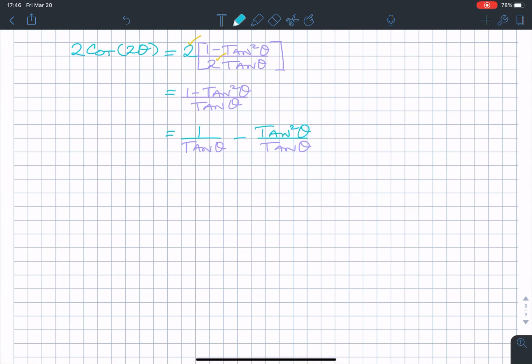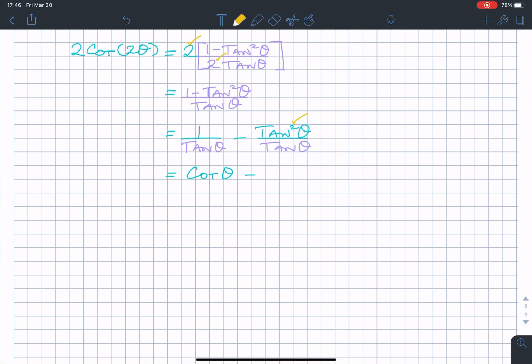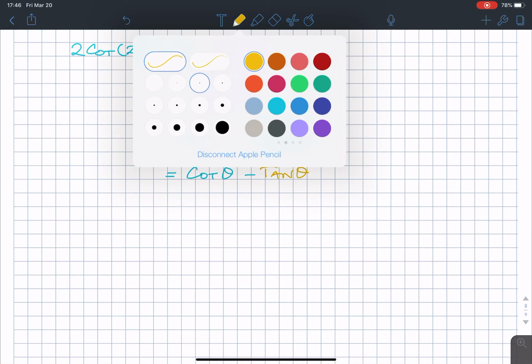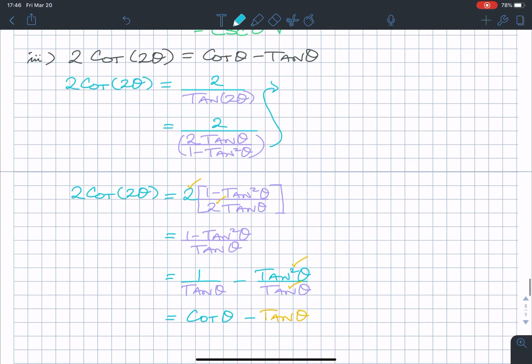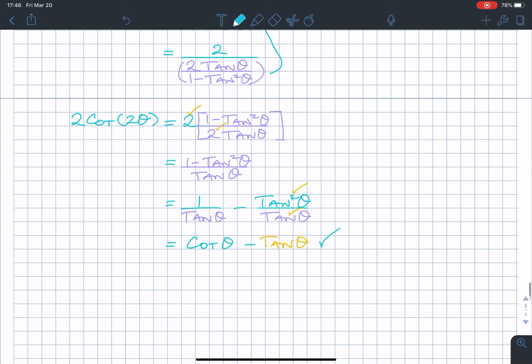But I know that 1 over tangent is cotangent theta minus, and I know that one of the tangents reduces here, and what I'm left with is a single tangent. And that is indeed what I wanted to show. That is the right-hand side, so check mark. I have established or verified the identity.